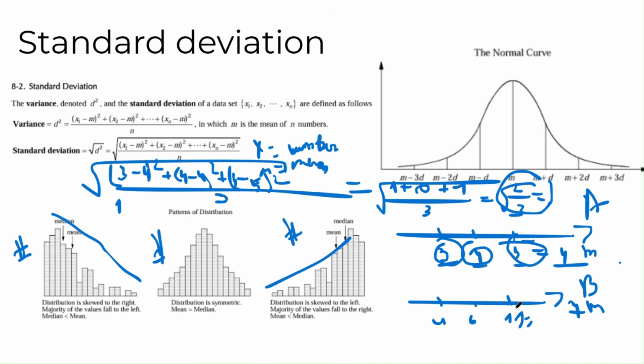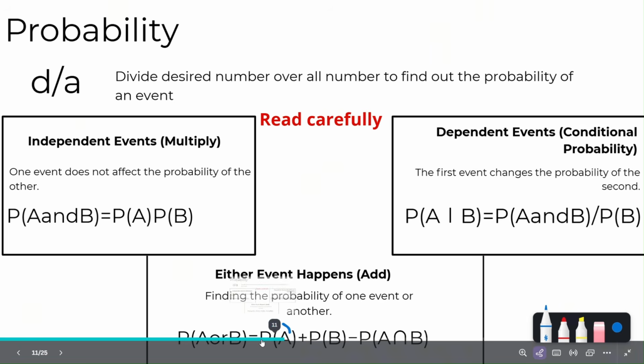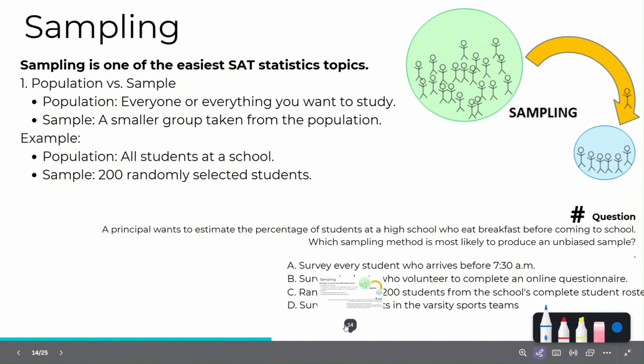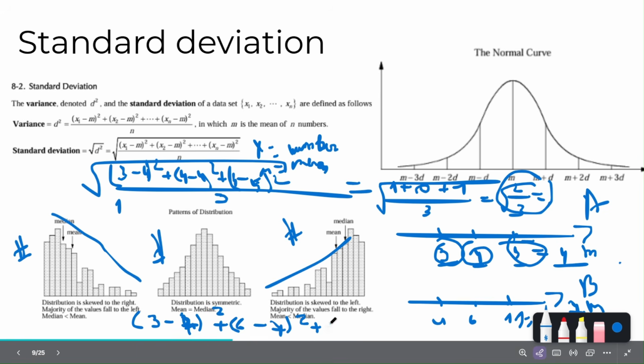Now we want to do the same thing with the second data set, and put it into this form. Sorry, not 4 but 7, because our mean was 7 here. Plus 6 minus 7, oops, technical issue there, plus 11 minus 7. My bad, it's really hard to type these things here.